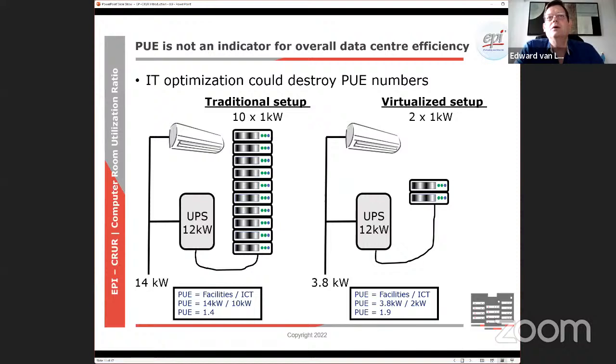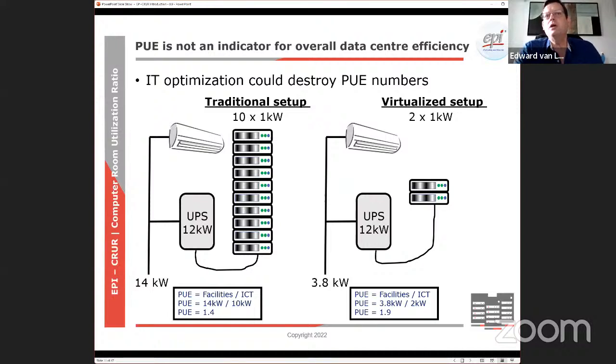Now, we all know that virtualization can greatly optimize the IT infrastructure. So the picture on the right shows you that we are going to embark and do virtualization, reducing heavily the amount of IT equipment. So now we could potentially reduce it to only 2 servers of 1 kilowatt. The bad news that you will see is that while we are optimizing the IT, therefore we're actually doing a great job because the overall power consumption is reducing, we see that the PUE number is actually going the opposite way.